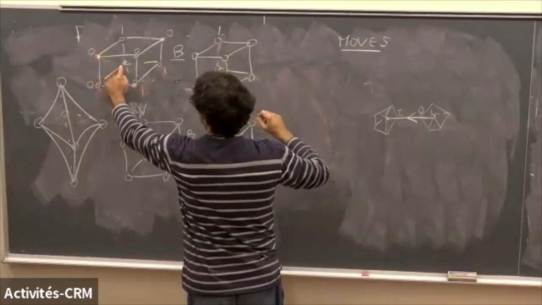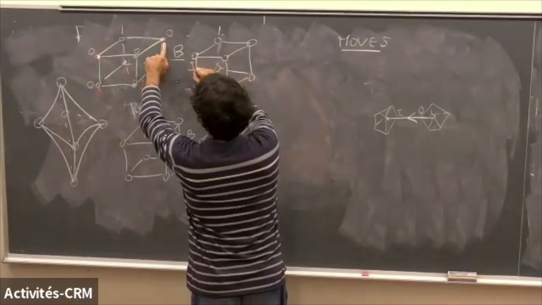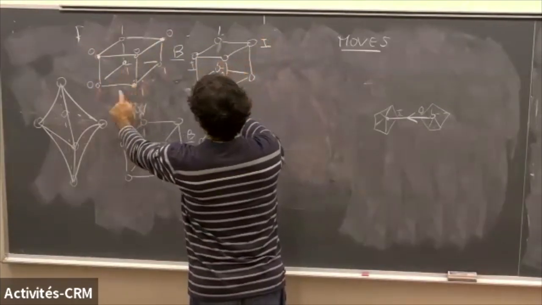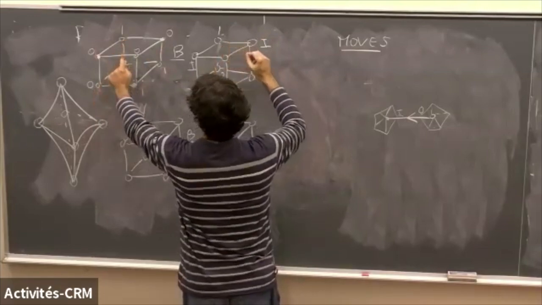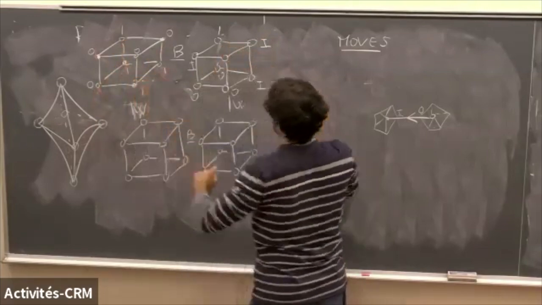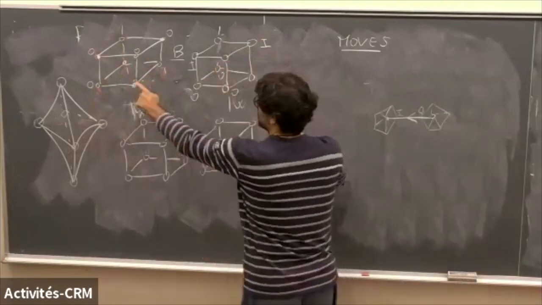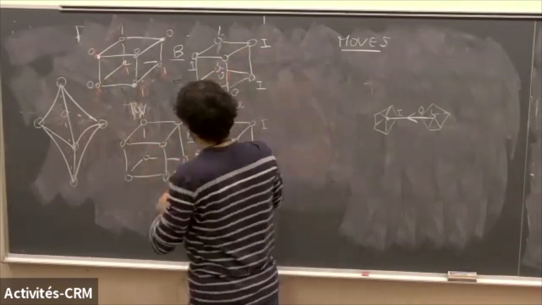So 1, 2, 3, 4. So this I, O, and O, and these remain the same. Okay, this is just a rule, and here you get the opposite of this, and here you get the opposite of that.